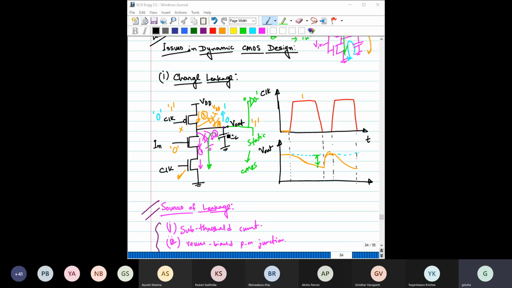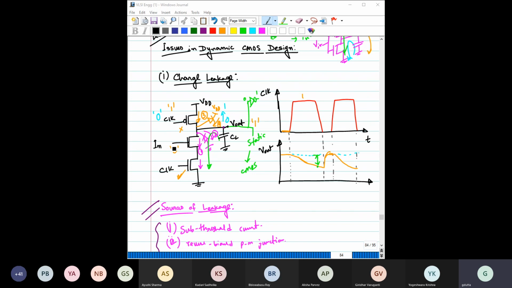That charging only happens during pre-charge. During the evaluation phase, there is no way that this capacitor will get charged. We want the charge acquired during the pre-charge phase to discharge conditionally, only when the pull-down network allows it.